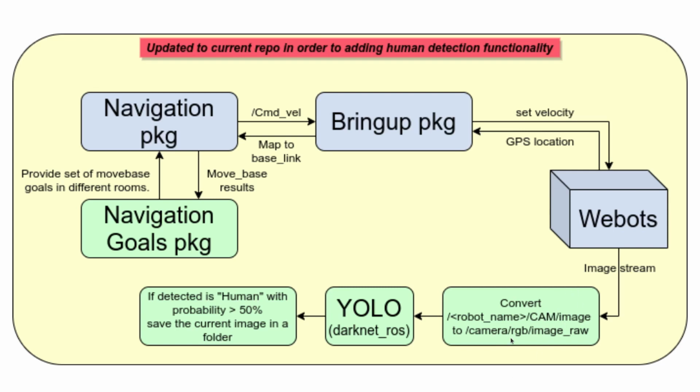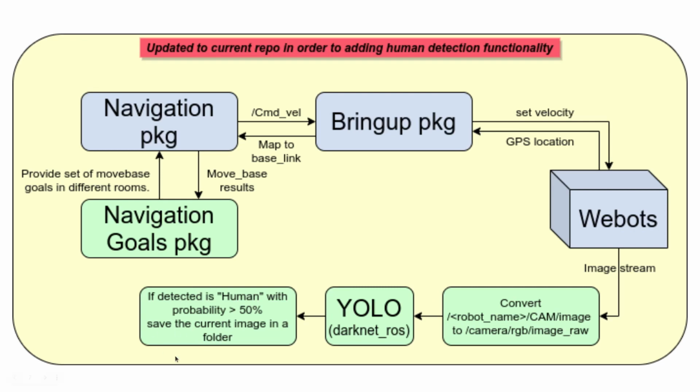Once we do this, the stream of data will be remapped to this particular topic, which is expected by darknet_ros. This package we directly cloned, and it works like a charm. It will take in the output from Webots, which is camera/rgb/image_raw, and give an output of bounding boxes. If it detects multiple things, it will tell you which classes were detected and what the bounding boxes are.